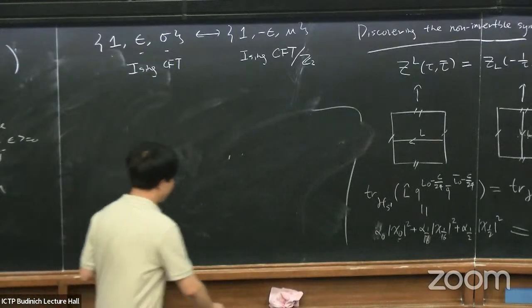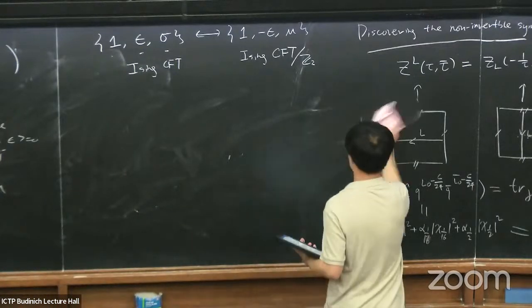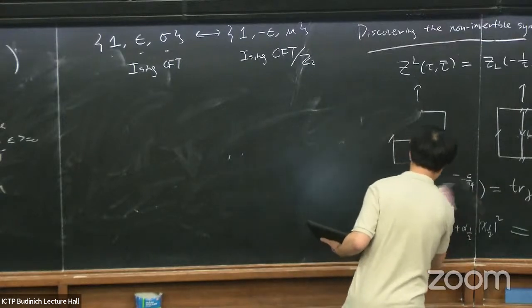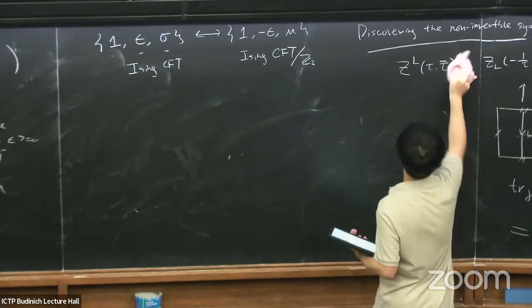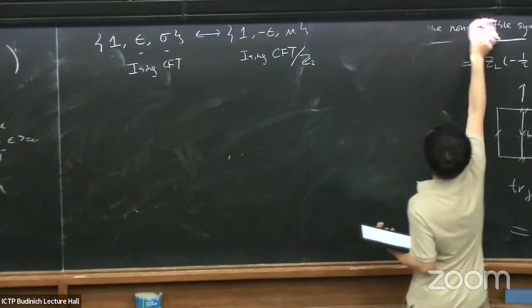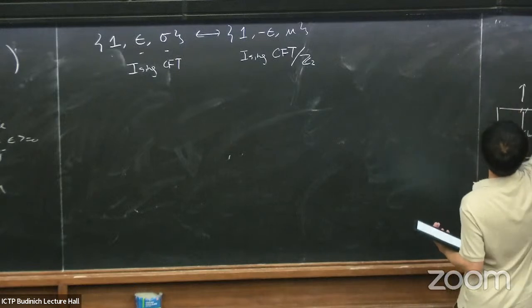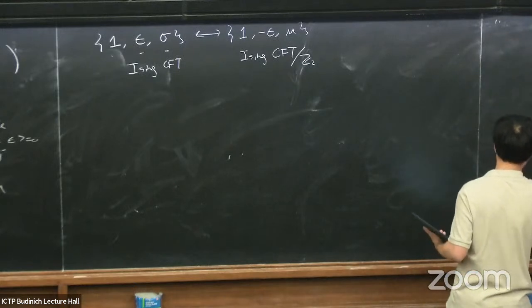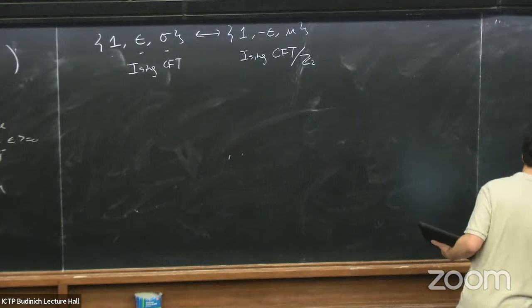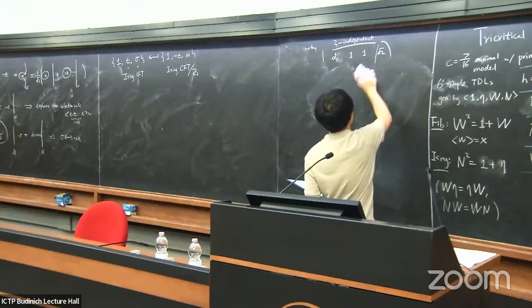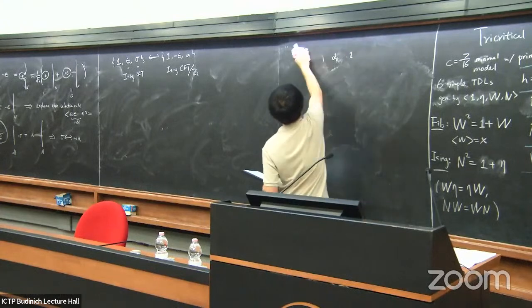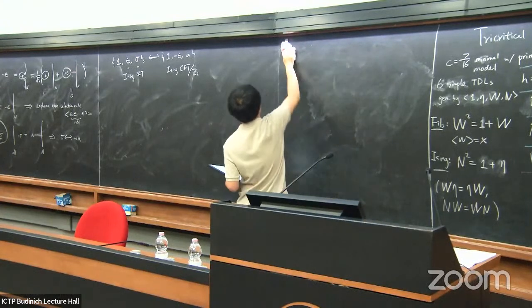All right, so let's now discuss. That's the kind of explicit example of how non-invertible symmetry works in action. Given this example, let's now deduce some consequences. The main point here is that this symmetry, just like a Z2 symmetry, we discussed it in a very simple CFT, like the Ising CFT, but the structure of the symmetry is quite general.